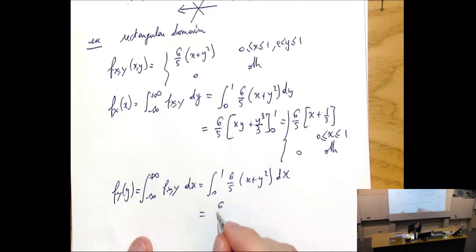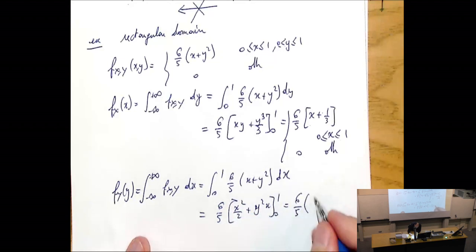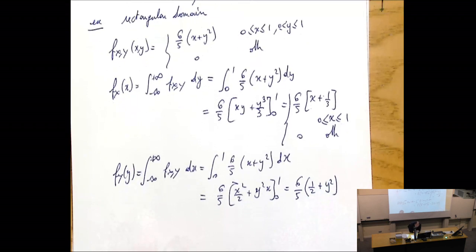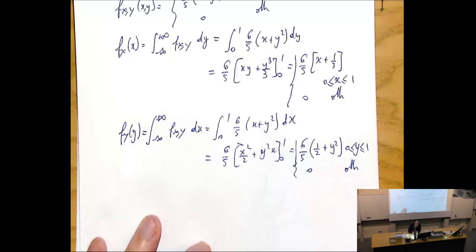And so that's 6 over 5 times (x squared over 2 plus y squared x) between 0 and 1, which is 6 over 5 times (1 over 2 plus y squared), right? And so this gives you the marginal PDF of y equal to this when y is between 0 and 1, and otherwise it is equal to 0.